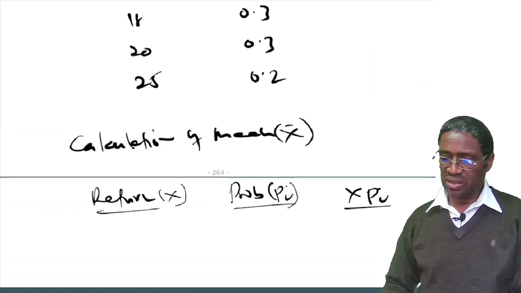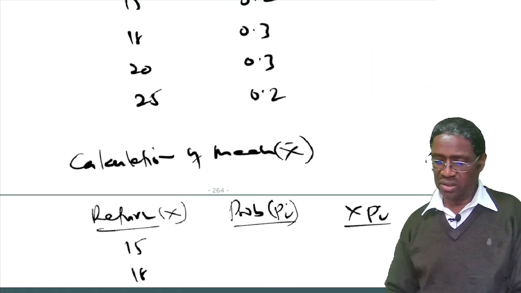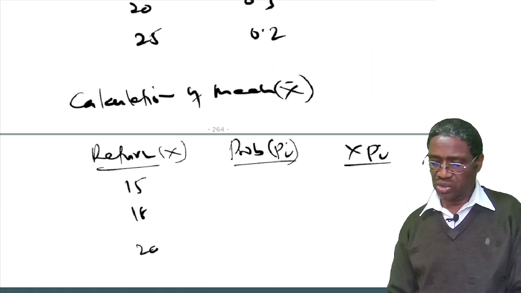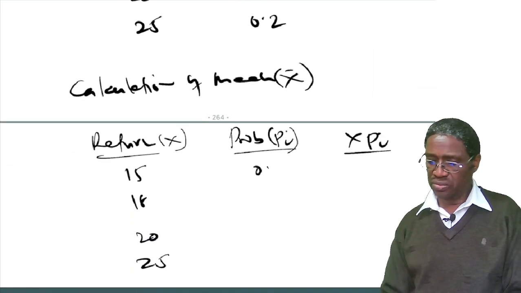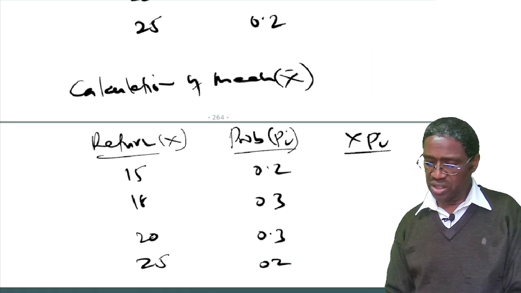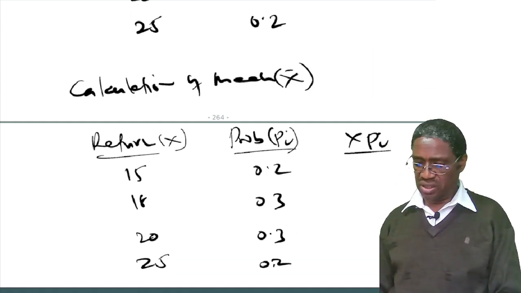Our returns were 15, 18, 20, and 25. The probabilities were 0.2, 0.3, 0.3, 0.2. What is the return? This is 3.